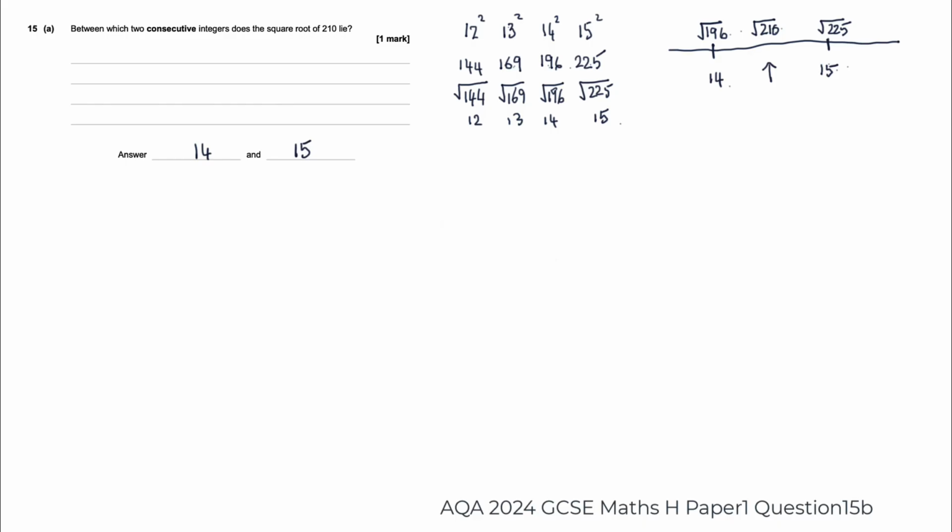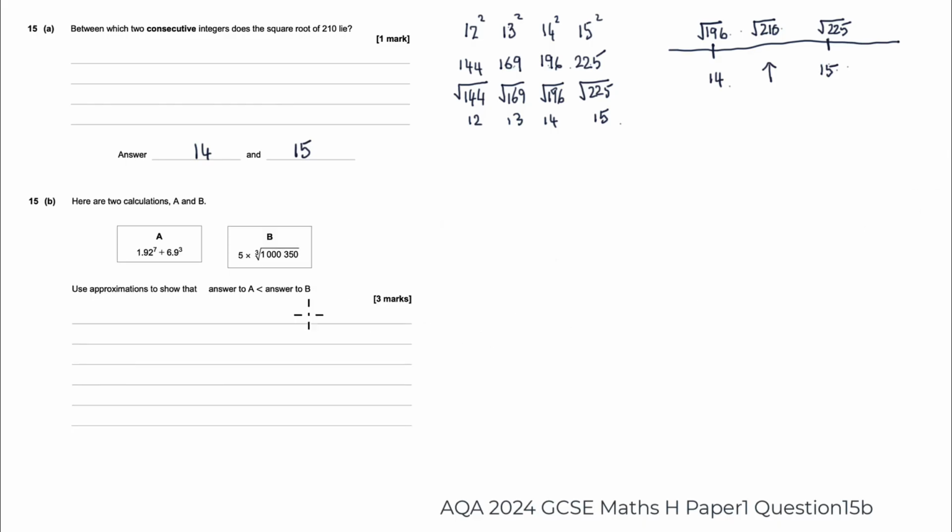Well, okay, let's look at part B. And we're given two calculations. Calculation A is 1.92 to the power 7, and then we have to add 6.9 cubed.